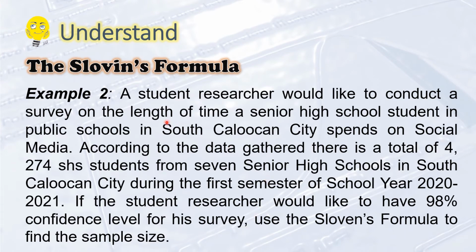Let us have another example. A student researcher would like to conduct a survey on the length of time a senior high school student in public schools in South Caloocan City spends on social media. According to the data gathered, there is a total of 4,274 senior high school students from 7 senior high schools in South Caloocan City during the first semester of school year 2020-2021.